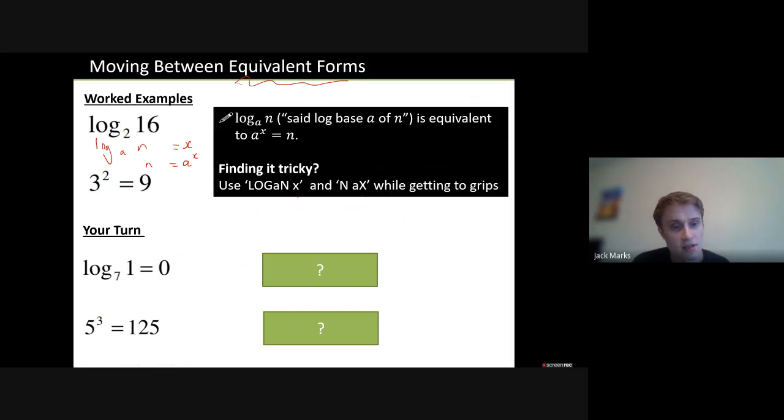So log base 2 of 16: what power of 2 is 16? It's the 4th power. So if that's equal to 4, we could also write this as 2 to the 4 equals 16. Okay, 3 squared equals 9. So which power of 3 is 9? Well, it's the 2nd power.